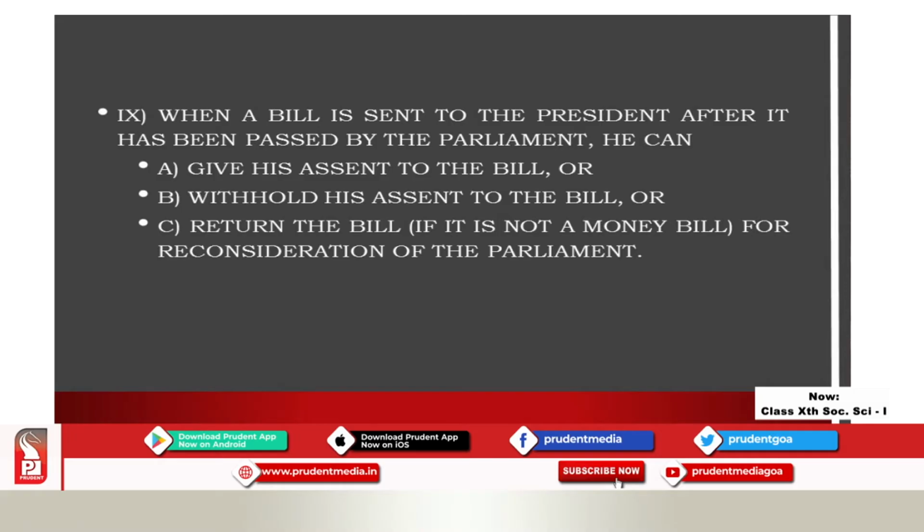The bill will be returned with the President's remark to please reconsider, so that Parliament will start discussion again, follow the same procedure, and the bill will come to the President a second time. Now here there is one bracket: if it is not a money bill.